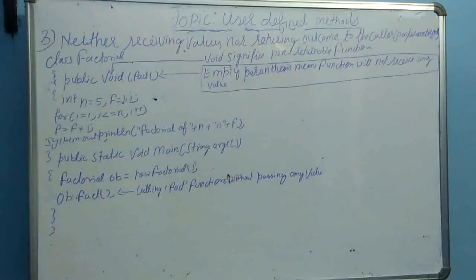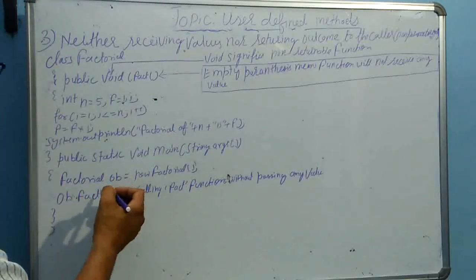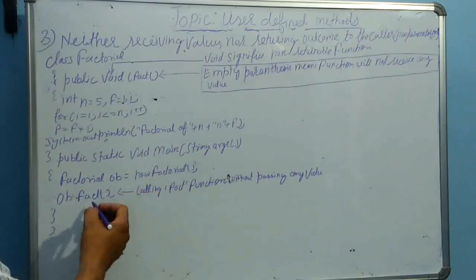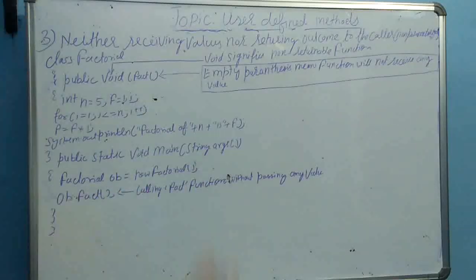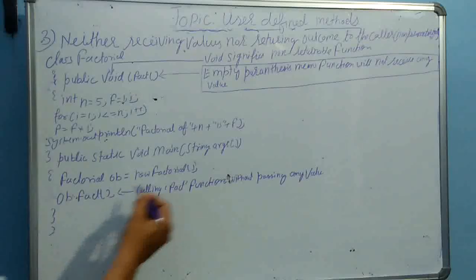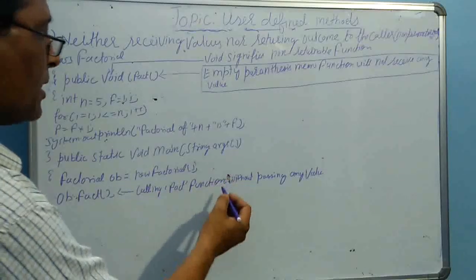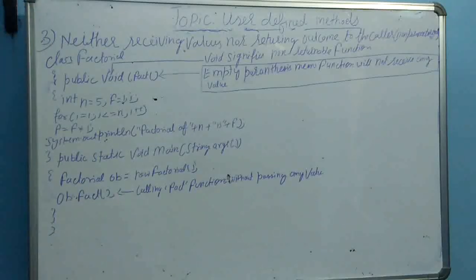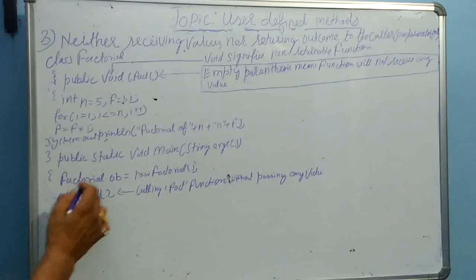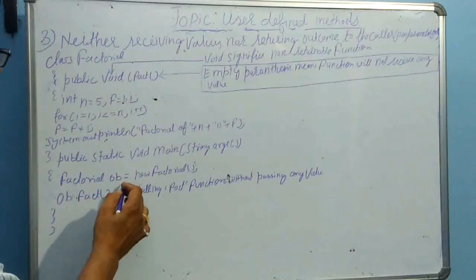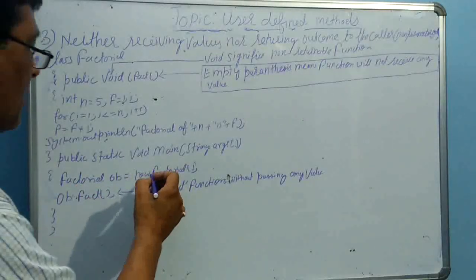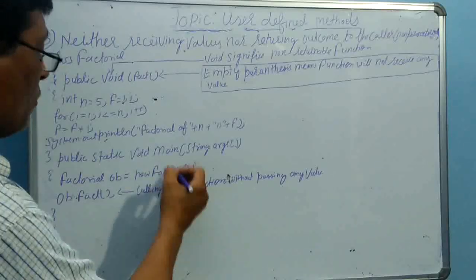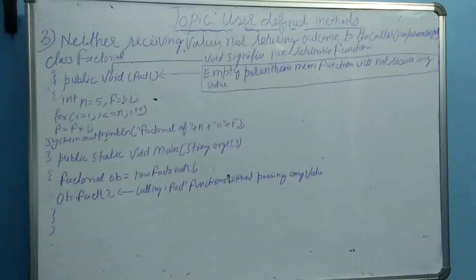Calling the fact function without passing any value. It will not pass any value. And the object is created with new Factorial.